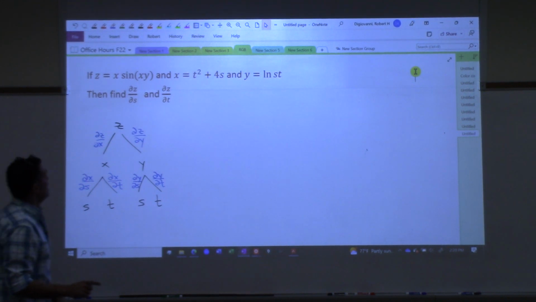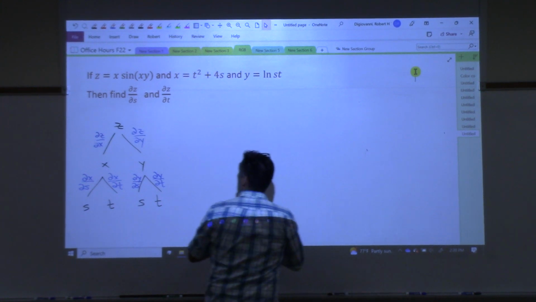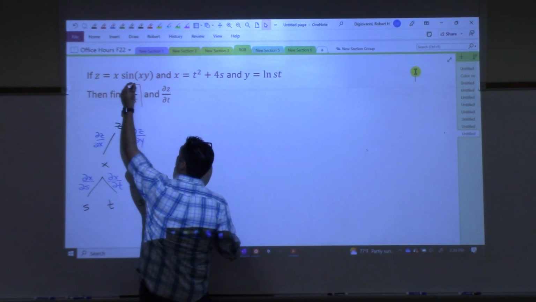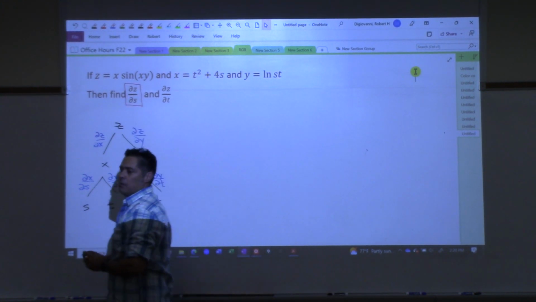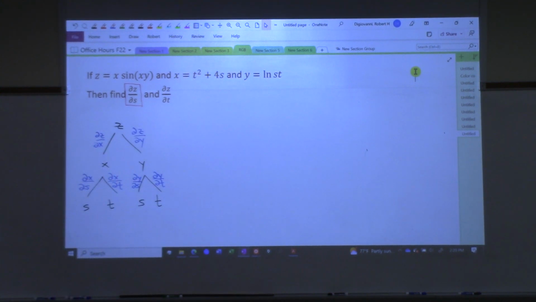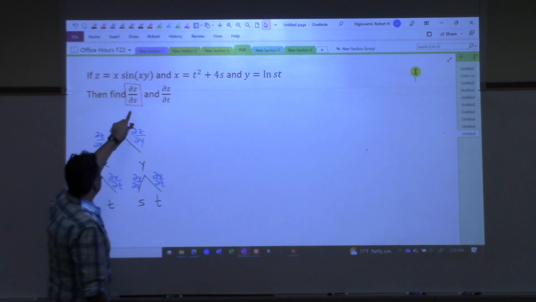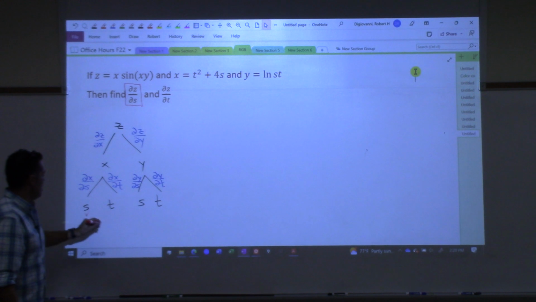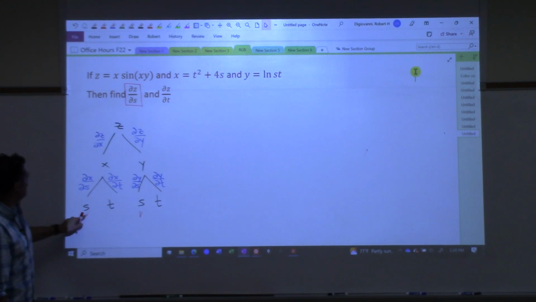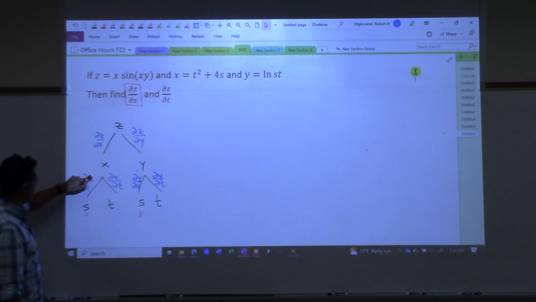Now the two things I could ask for. Let's look at this one first: partial z with respect to s. The way I do this is I figure out the parts of the tree that get me down to s, because the variable here is s. So here are my s's, here and here. To get to this s, I come down like this and then come down like that.